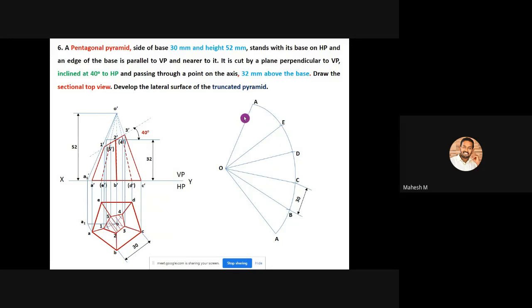Then you can join this point A with B, and B with C, C with D, and D to E, E to A. Like this. Okay. Is it okay? Any doubts?